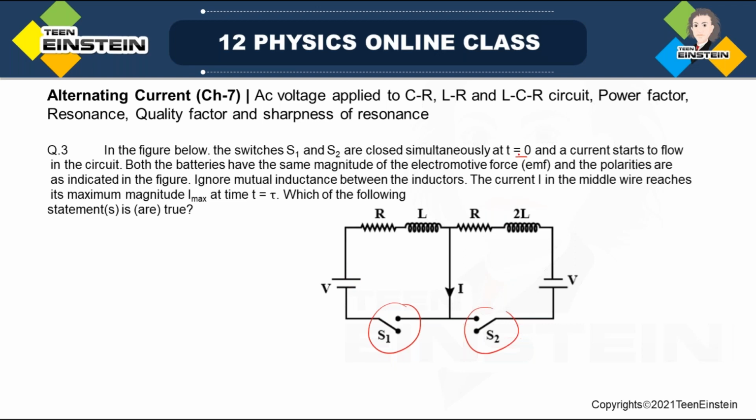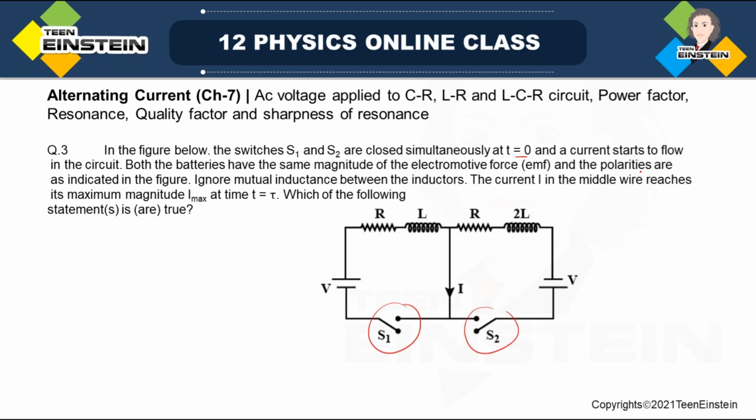The question is that both the switches are closed simultaneously at t is equal to 0, and a current starts to flow in the circuit. Both batteries have the same magnitude of electromotive force.